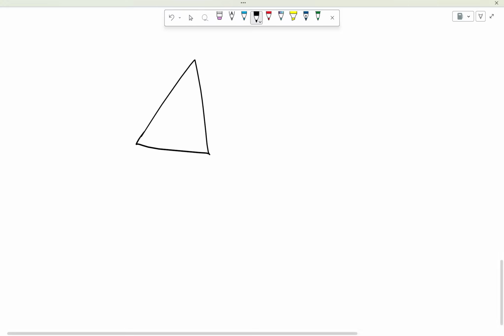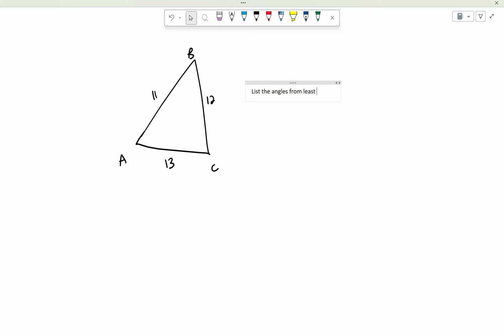Moreover, if I were to take the following, I have sides AB, BC, and AC with dimensions 11, 12, and 13. What we're going to do here is list the angles from least to greatest.